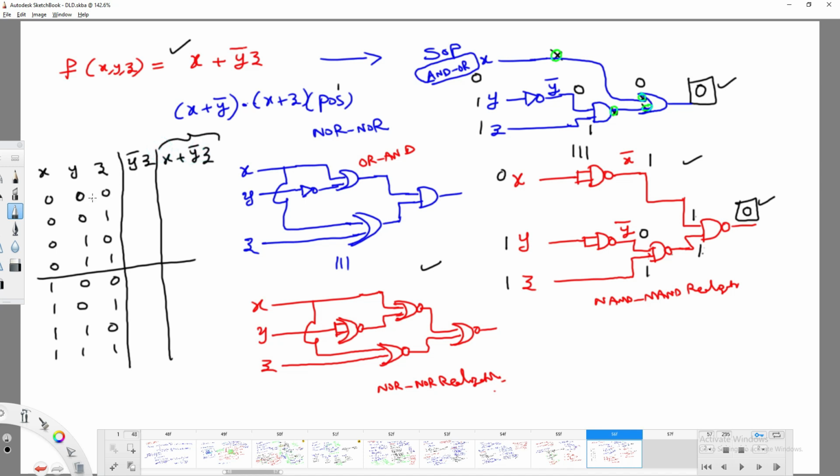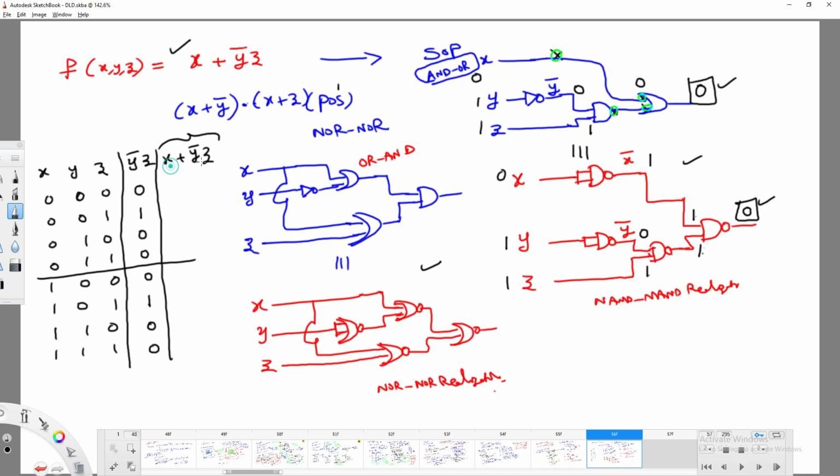Y bar z is a multiplication, right? Y bar is 1, 1 into 0 is 0, and this is 1 into 1 is 1, 0 into 0 is 0, 0 into 1 is 0, this is 1 into 0 is 0, 1 into 1 is 1, 0 into 0 is 0, 0 into 1 is 0. Guys, I made it directly, right?